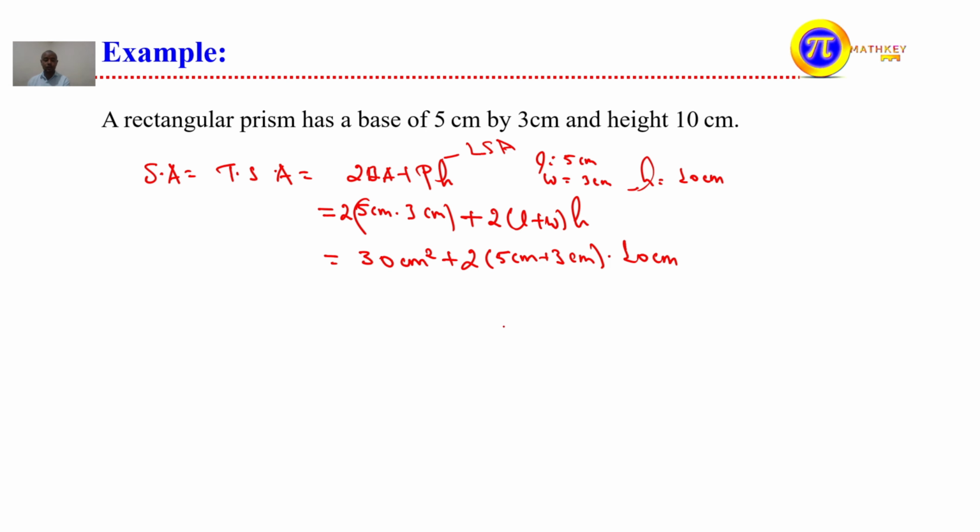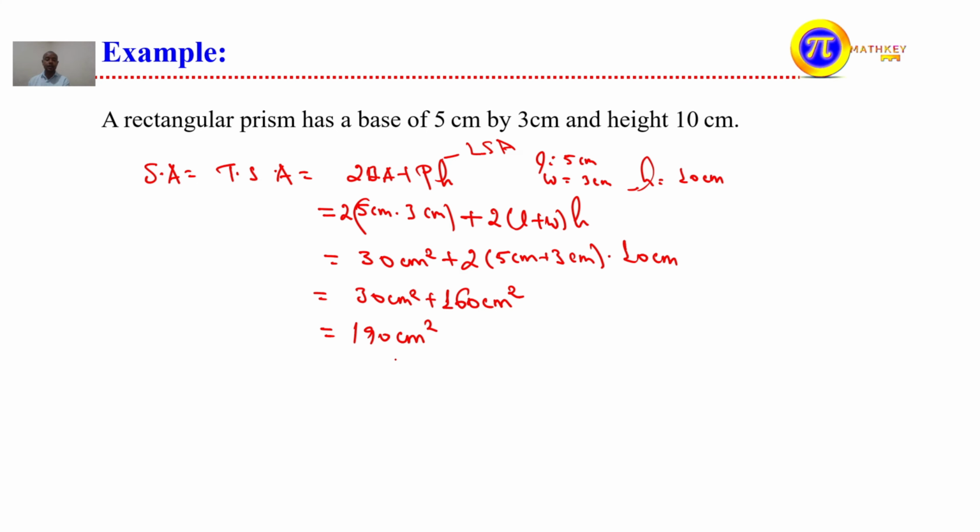This is equal to 30 centimeter square plus 5 plus 3 is 8 centimeter, 8 times 2 is 16, 16 times 10 is 160 centimeter square. So 30 plus 160 is 190 centimeter square.